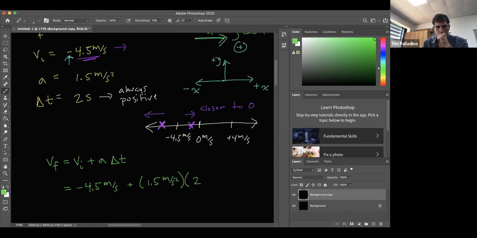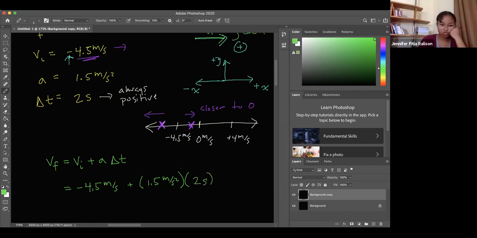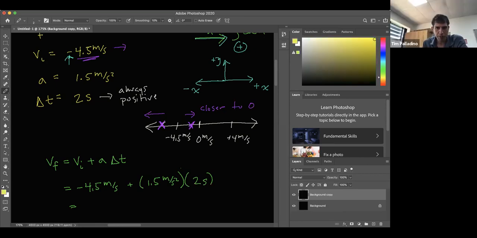So I know that 1.5 times 2 should be 3 meters per second. You don't have to write out this step; I just wanted to show this side by side.